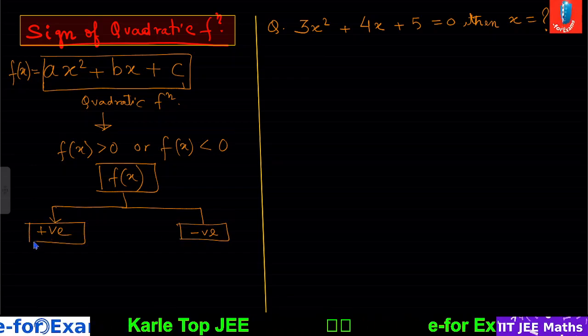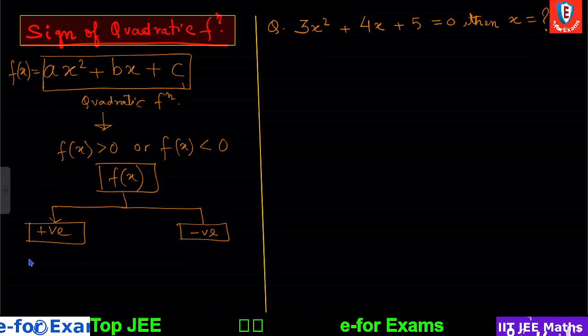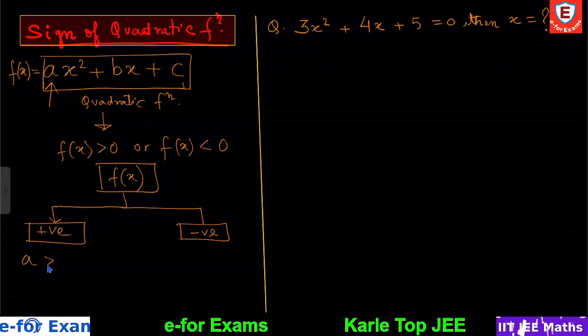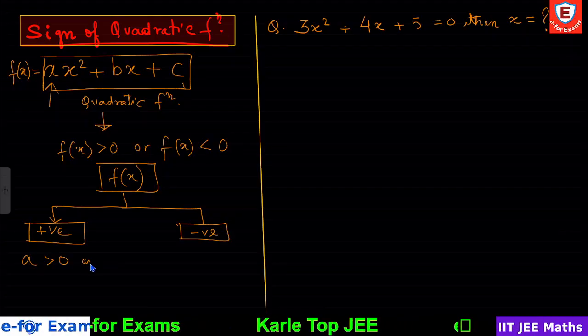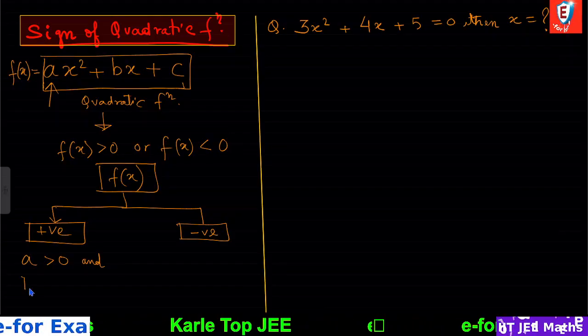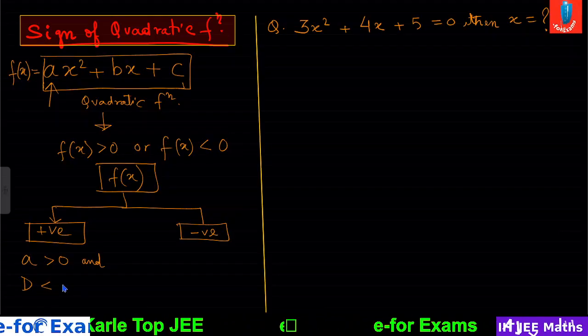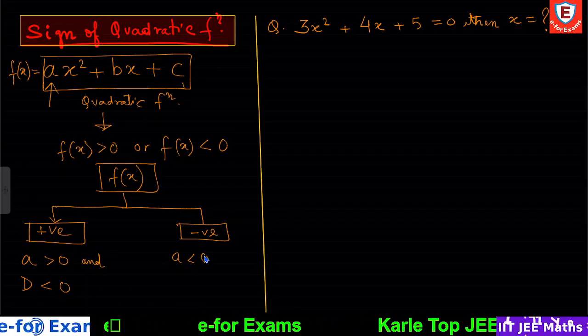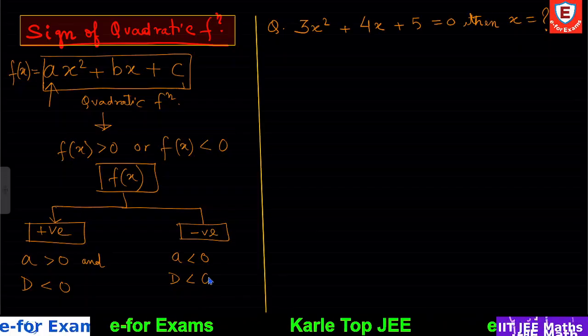It will be positive only when a, the coefficient of x square, is greater than 0 and d is less than 0. It will be negative when a is less than 0 and d is less than 0.